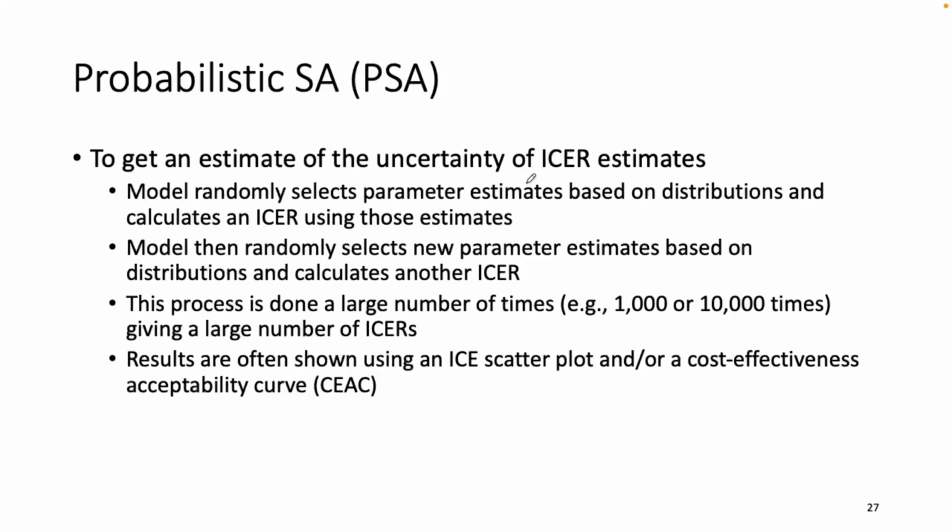Now, one thing I'll point out is that we can't actually calculate 95% confidence intervals. And that's because it has to do with math. The ICER is a ratio, and if you remember from high school math, with ratios you have asymptotes at 0 and you get some funny looking things.